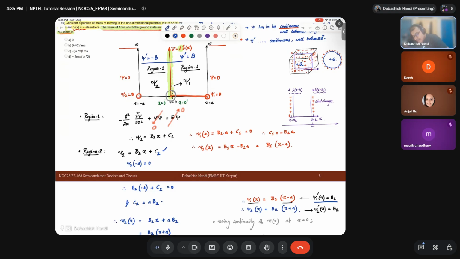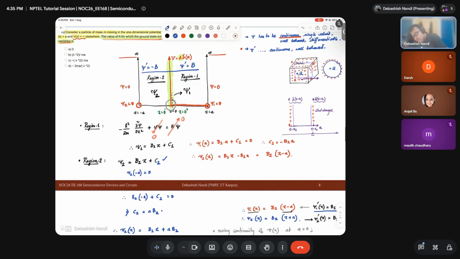So psi dash is not continuous. It is only when there is a delta function or delta potential sitting inside the allowed area for electron to move that I will have this kind of situation where my psi dash is not continuous. This is not valid for delta potential profile.